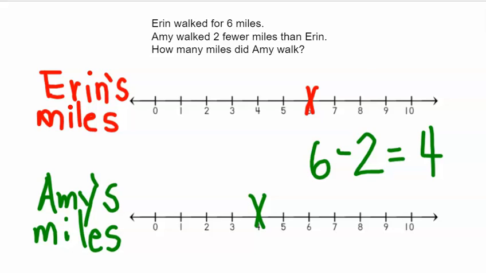That's right, that's the number of miles that Aaron walked. And then Amy walked 2 fewer miles. And so how many miles did Amy walk? 4. That is correct. Let's practice another type of problem.